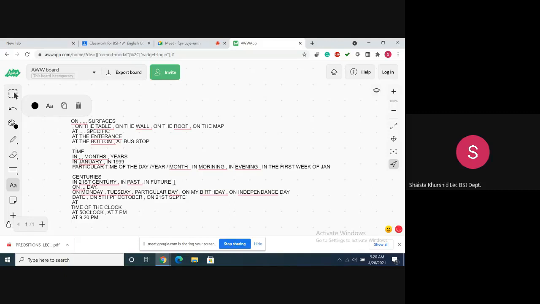Or a short and precise time. We said that for a particular time of the day we use in, like in the evening or in the morning. There are some timings which are short and precise. For them we use at. For example, at noon, at sunset.